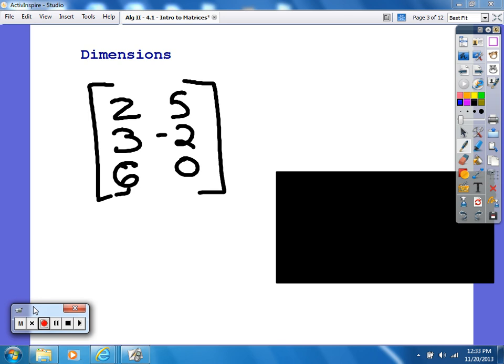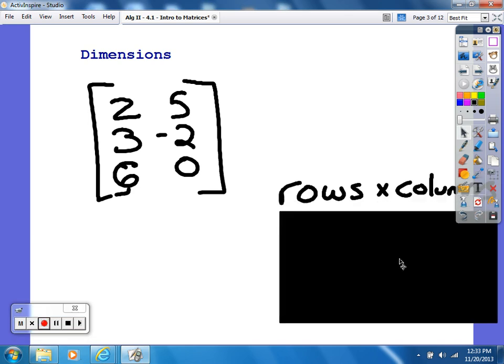But here's why. We actually tell a dimension by rows by columns. It's how many rows it has by how many columns. One thing I recommend to help you figure out how many rows, so you don't make the Jake mistake, because it's a common mistake, is that I actually draw horizontal lines in.